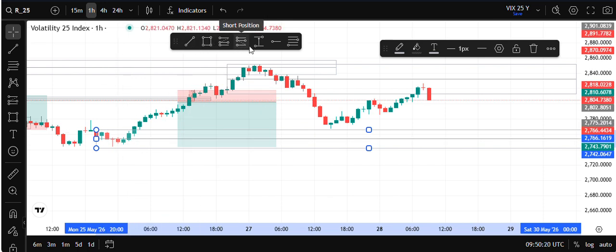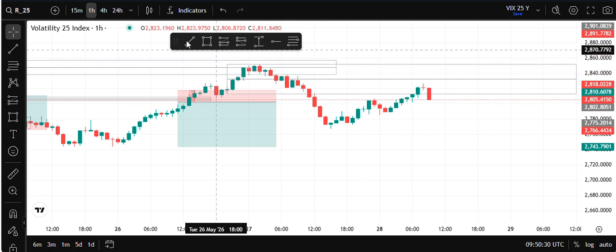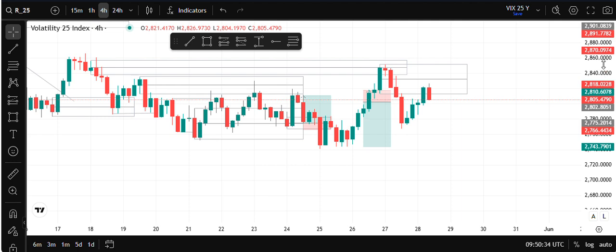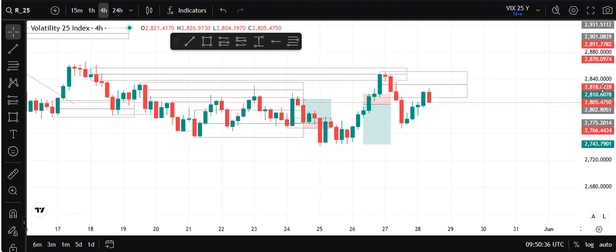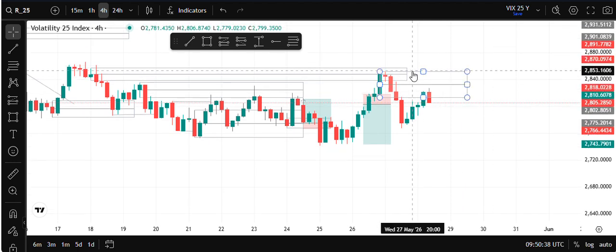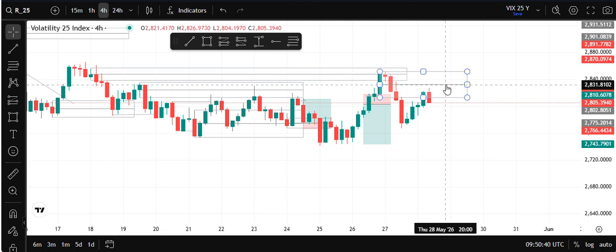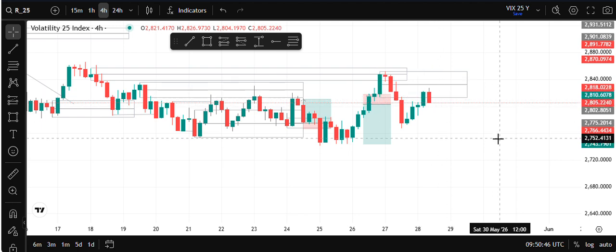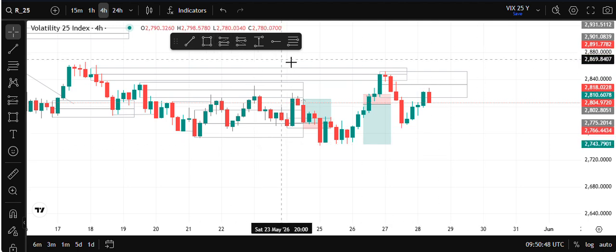So that is a no brainer. It's still going to go for a sell. I'll remove this and go back to the 4 hour time frame. On the 4 hour time frame, entry could be here, or you could give your entry right now and go for a sell.